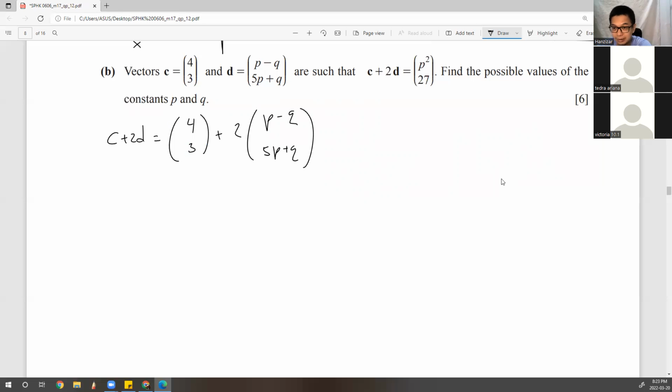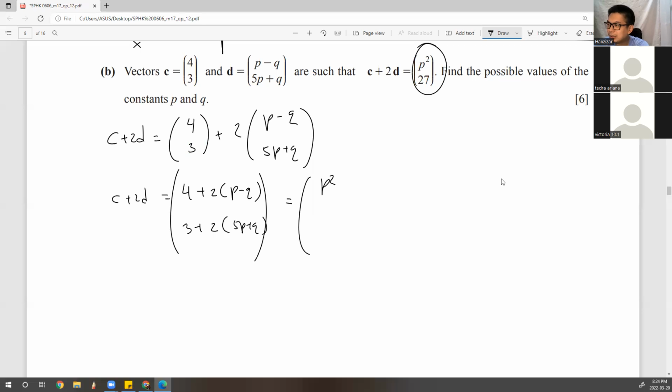This is actually a simultaneous equation, but we will try to solve it later. So 4 plus 2 bracket p minus q for the top side, and for the bottom side, or the y, 3 plus 2 bracket 5p plus q, and it equals this, right?